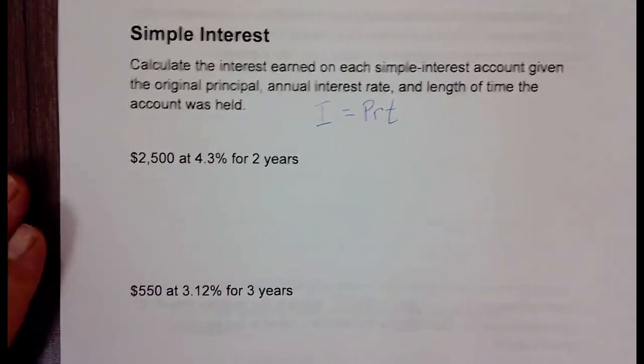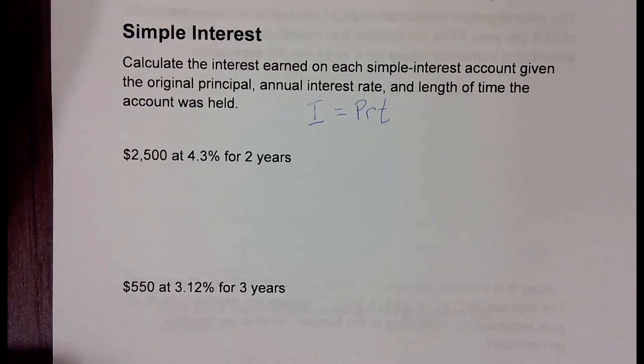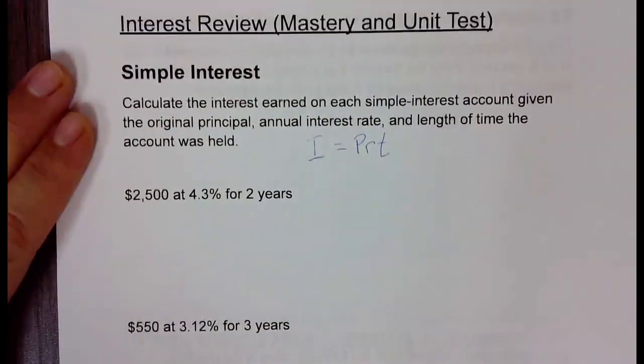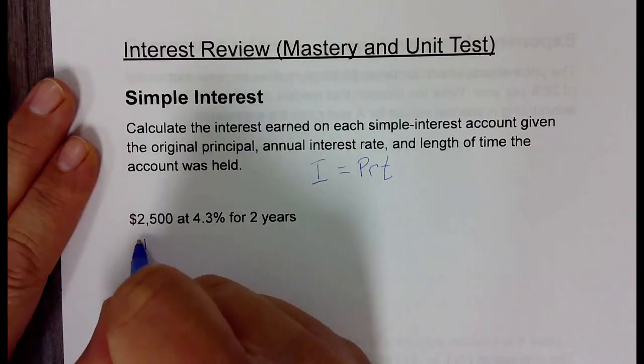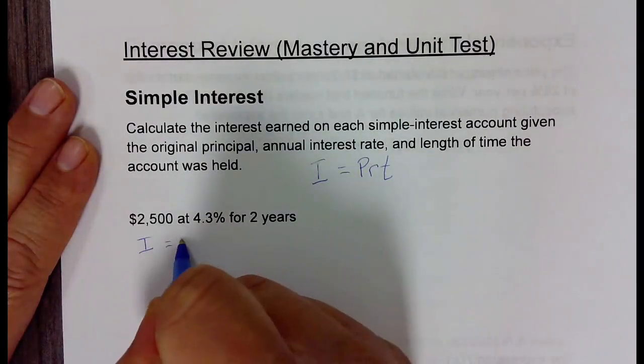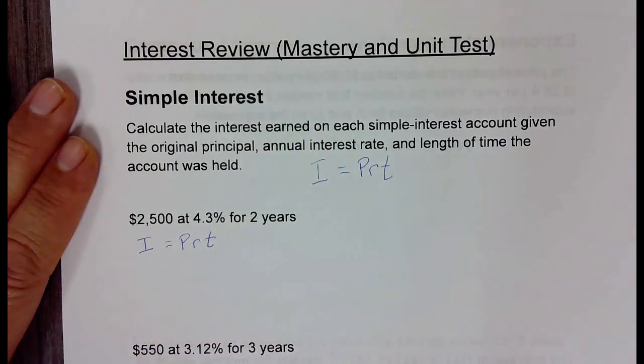For each of these problems, to help me stay on track, I'm going to recopy this formula. I'm going to start with this first problem here. So interest equals principal times rate times time.